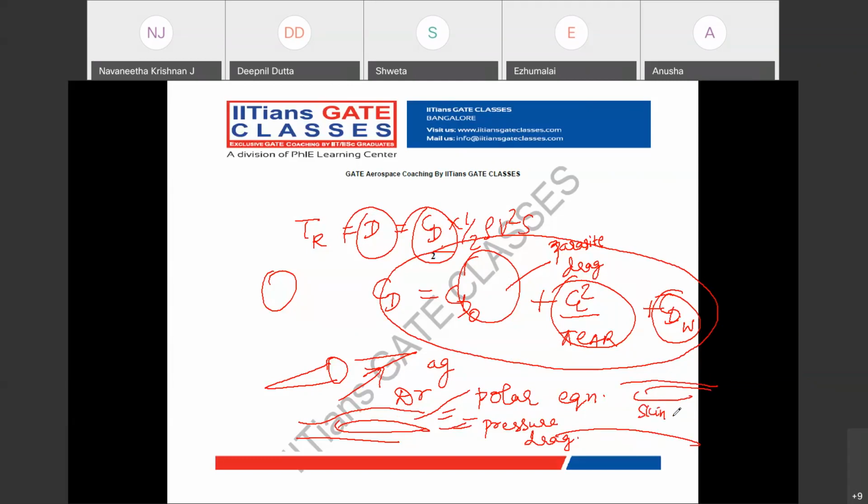So in order to travel longer, that's why a golf ball is made with dimples. Since there are dimples on the golf ball, transition takes place from laminar to turbulent. Since there is turbulent flow over the golf ball, it travels a longer distance.